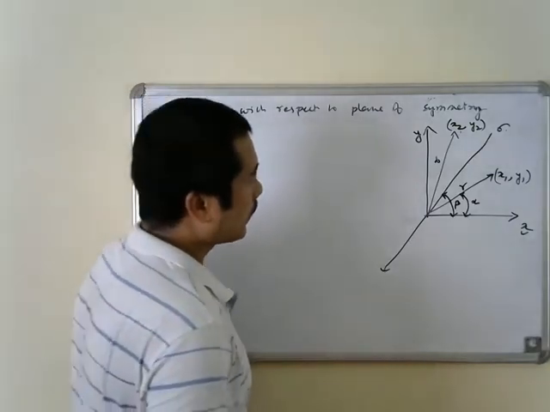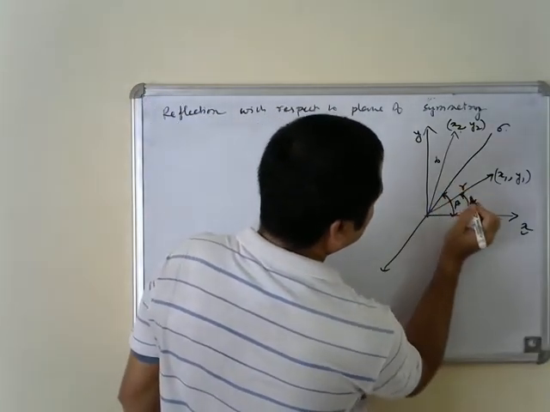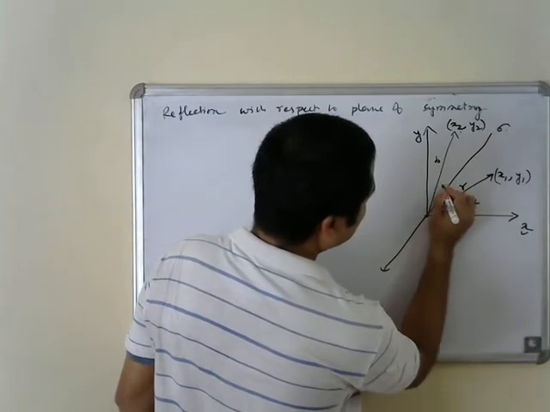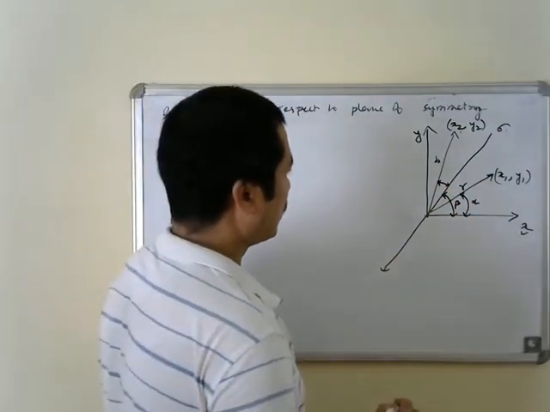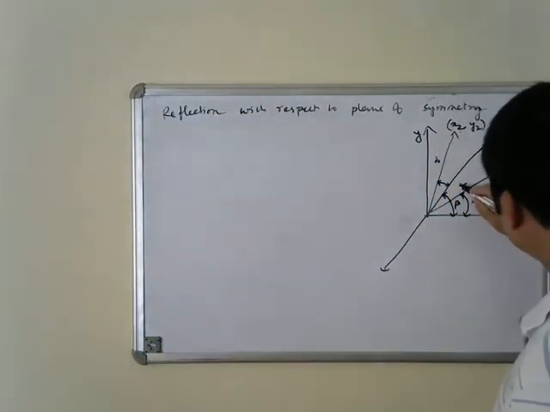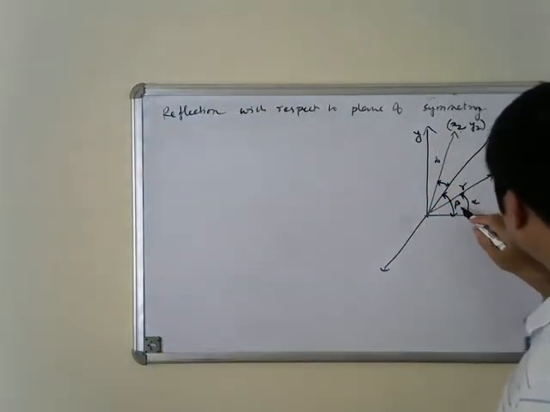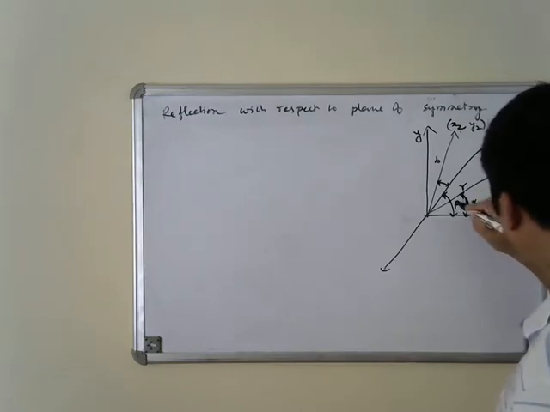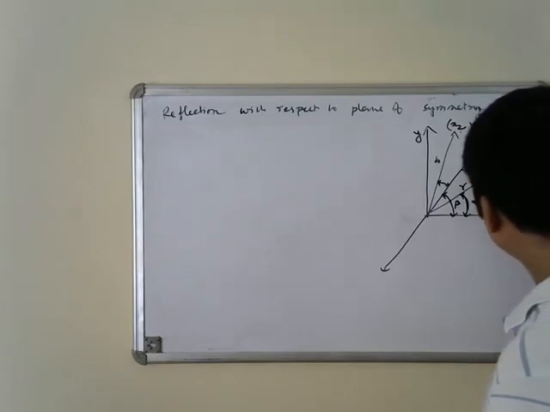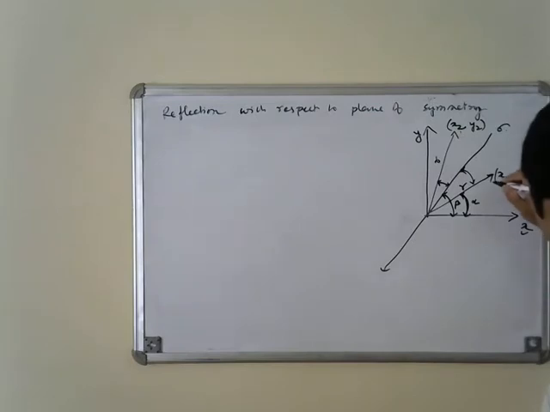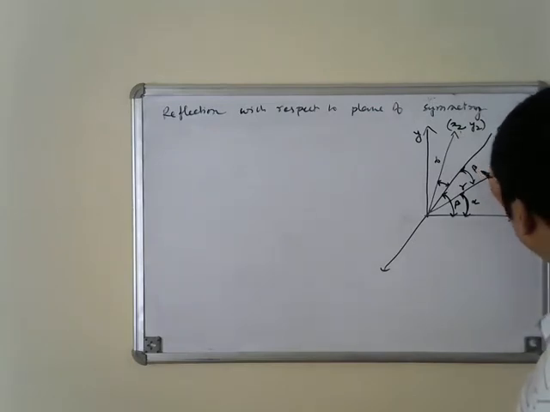Then this angle over here is equal to beta minus alpha.